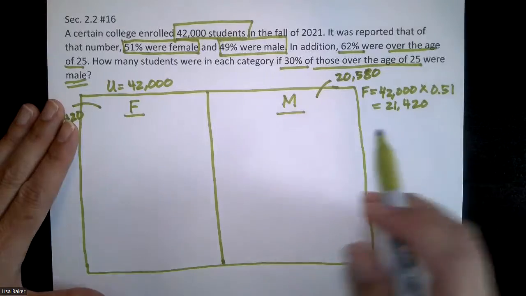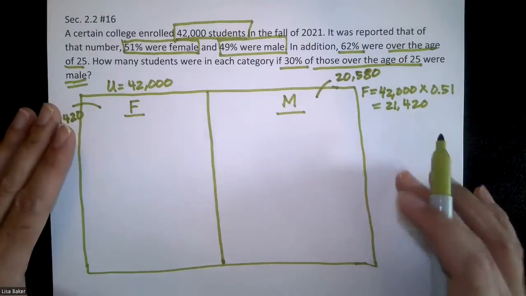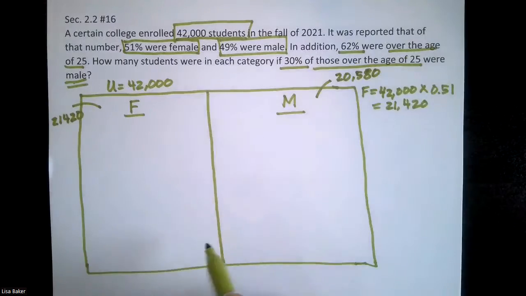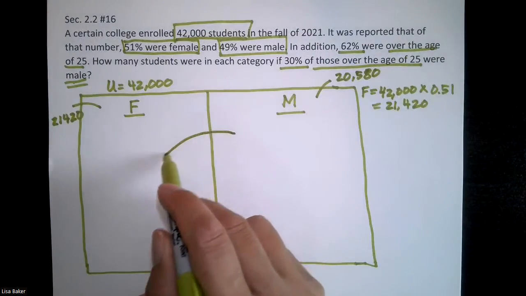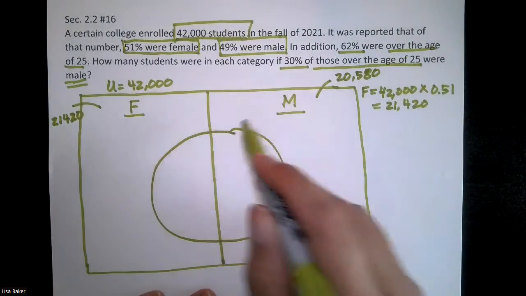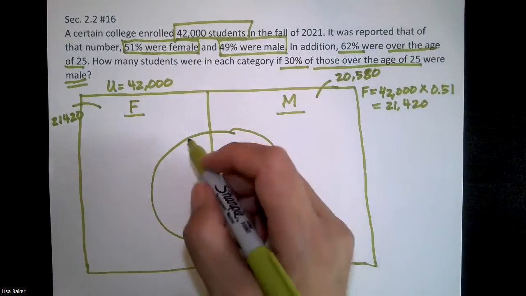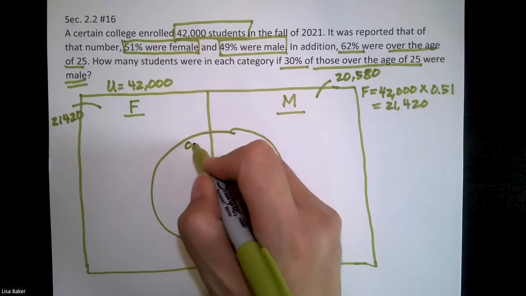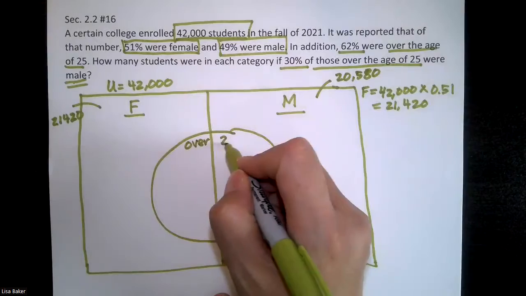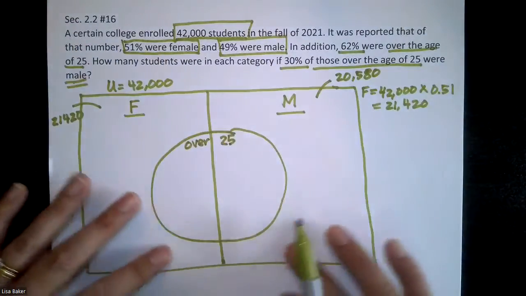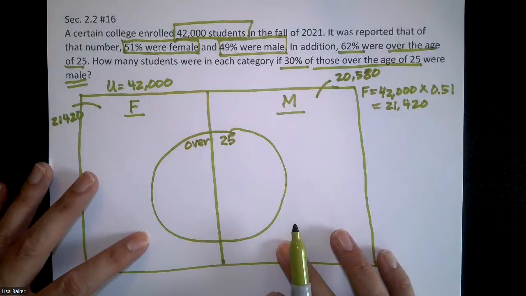Then they divide this universe up again, and they say 62% were over the age of 25. They do that by putting a circle in the middle. This whole circle represents over 25, which means everything on the outside here would be under 25.